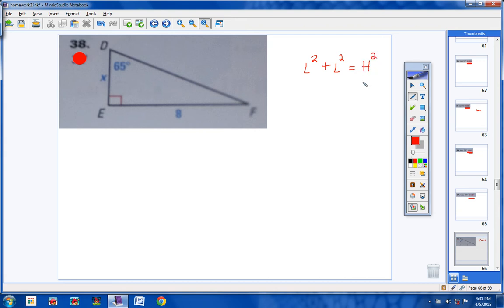Here's the problem though. Whenever you use Pythagorean's theorem, you must know at least how many sides? 2. If you don't know 2 sides, you cannot use this. And we don't know 2 sides. But remember, anytime that you do know 2 sides, use Pythagorean's theorem, okay?